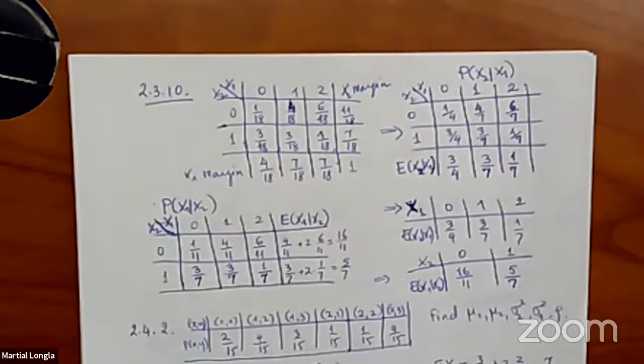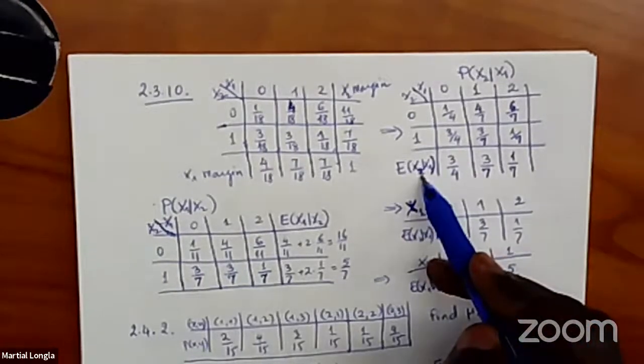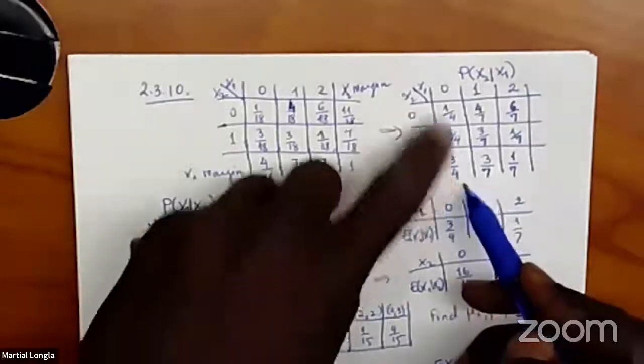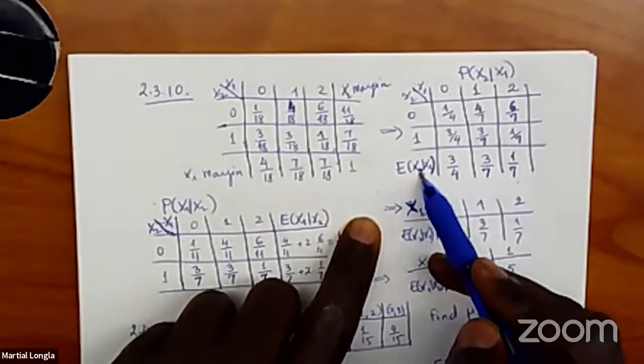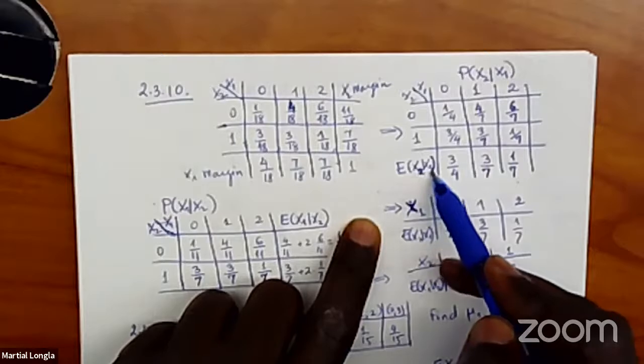So when you do that, now you want to compute the expected value of x2 given x1. You can just continue in that table, draw one more line. Expected value of x2 given x1.